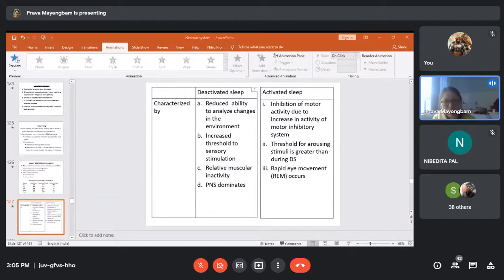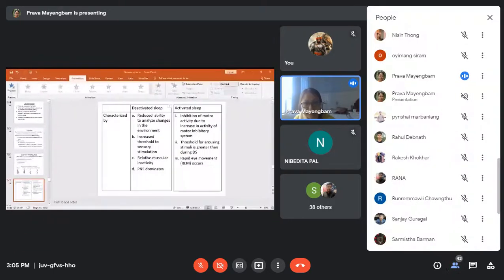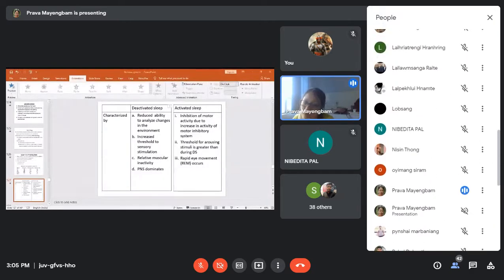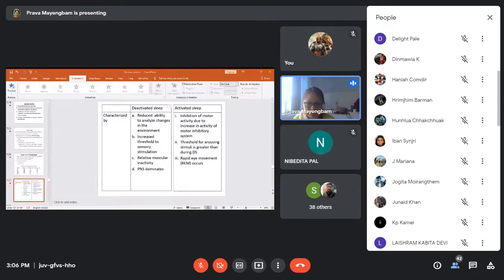During the activated sleep, it is something like someone sleeping in the hostel. Just imagine someone is sleeping in the hostel and he is not able to get up for your class, and his roommate is trying to wake him up. During that time, all his motor activities are inhibited, and there is no movement, nothing.